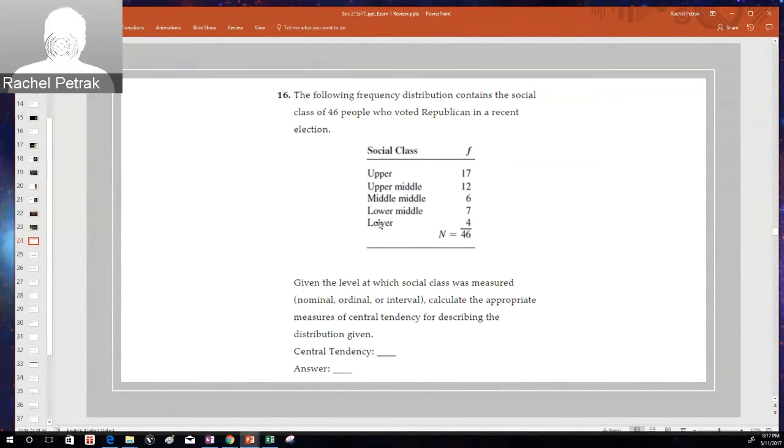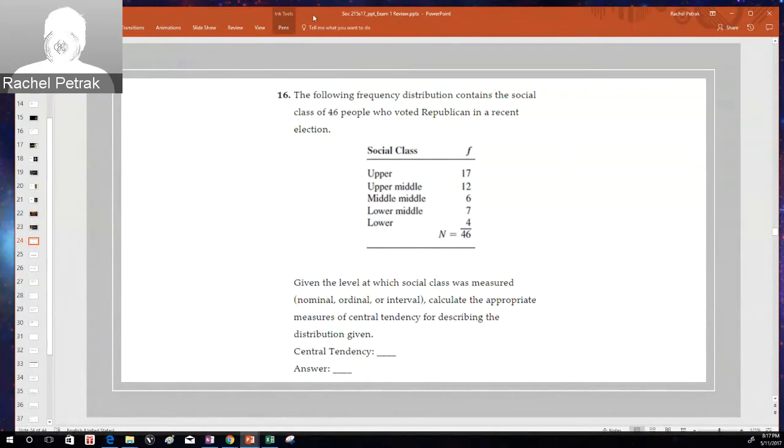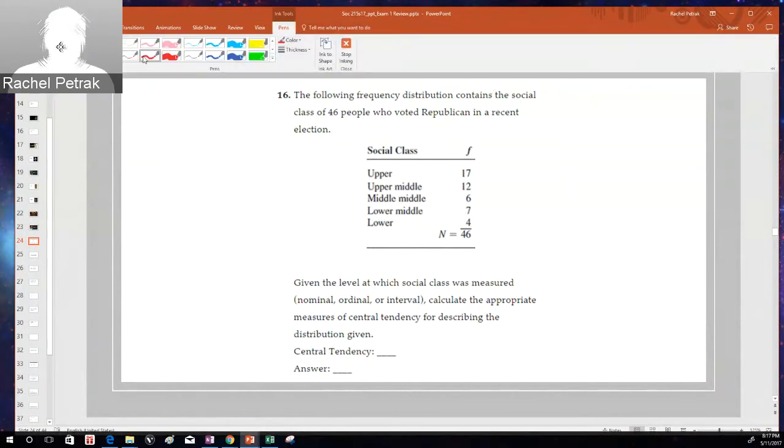So first, how was social class measured? Nominal, ordinal, interval. Well, let's think about how to break this down.